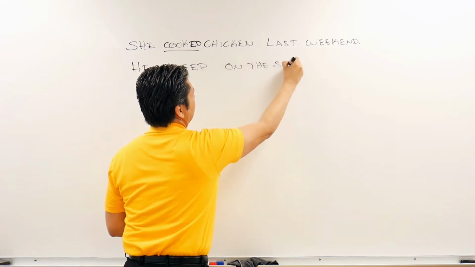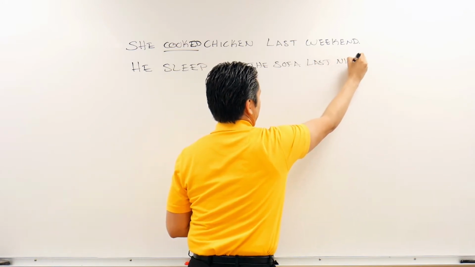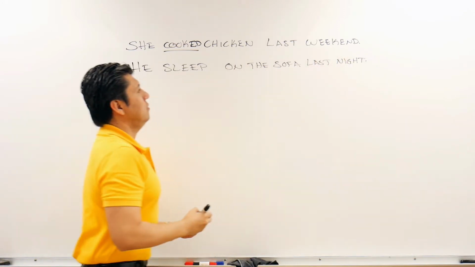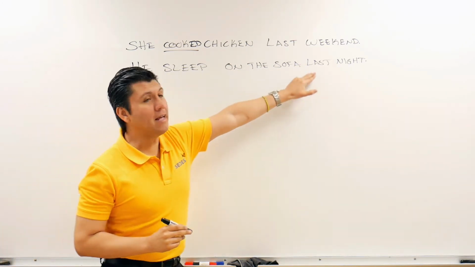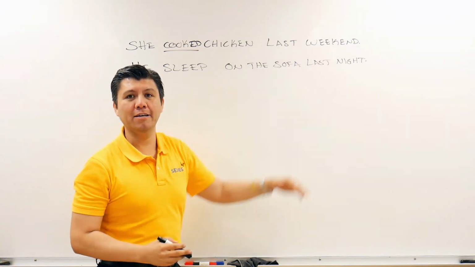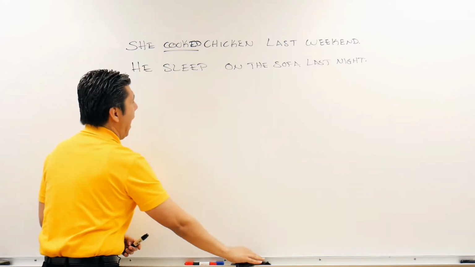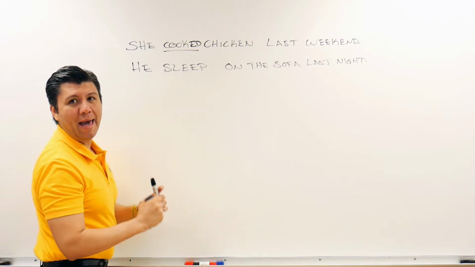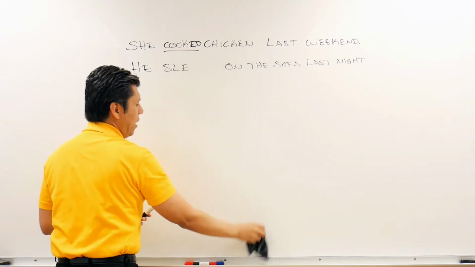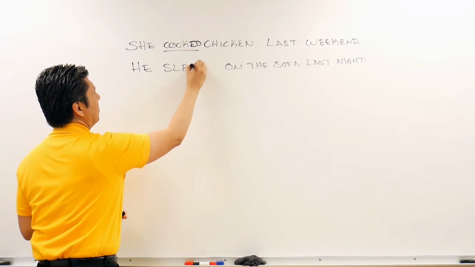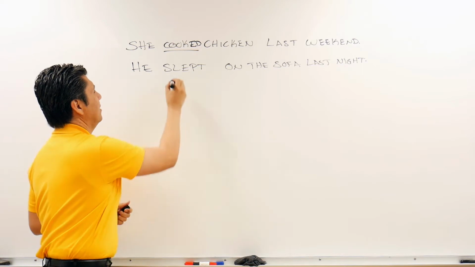Here I know that the action is sleep and it happened last night, so not in the present, in past. So here I need to use the verb in past form, not in present. So the correct way would be, he slept on the sofa last night.